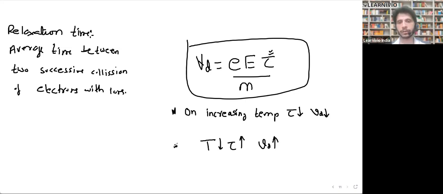If you heat up a conductor, electrons collide more frequently with the ions, due to which the relaxation time decreases and drift velocity decreases. On the other hand, if you decrease the temperature, then relaxation time increases and drift velocity also increases.